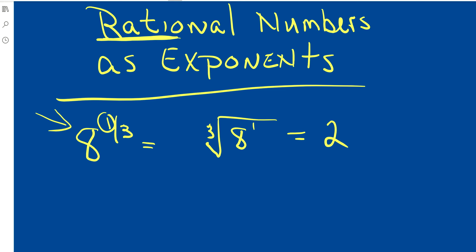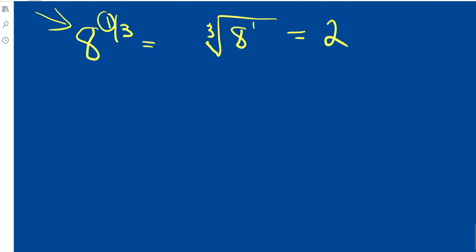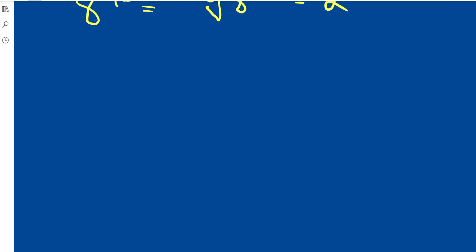So let's go to our practice problems, number 4 on page 513. All right, let's just remember what happens, and we'll do examples to reinforce that. So here is practice problem 4, and first I'm going to have 9 to the 1/2.